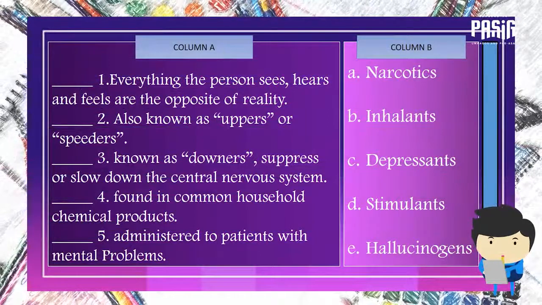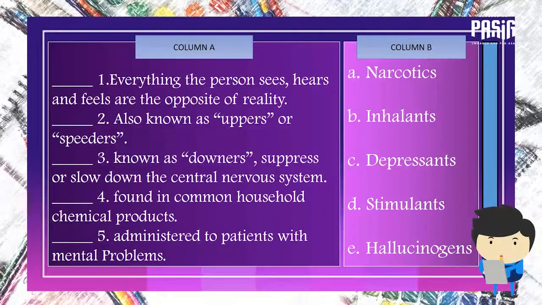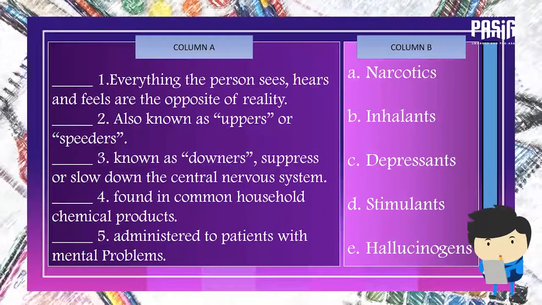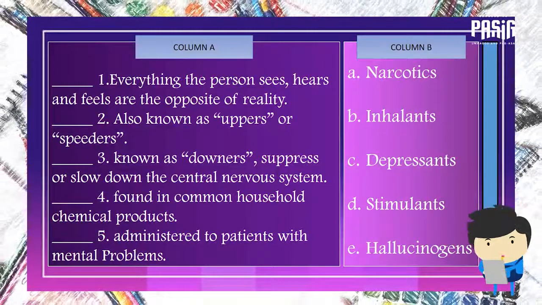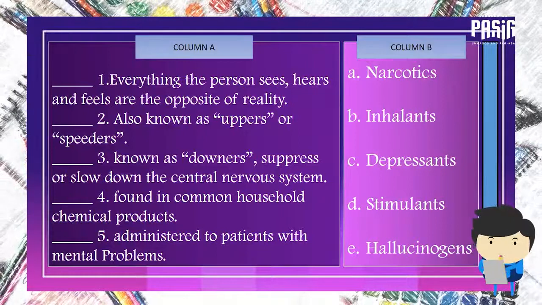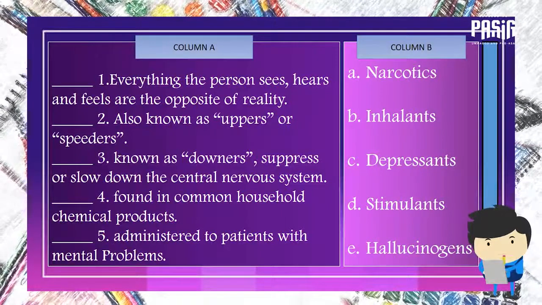2. Also known as uppers or speeders. 3. Known as downers, suppress or slow down the central nervous system. 4. Found in common household chemical products. And number 5. Administered to patients with mental problems.